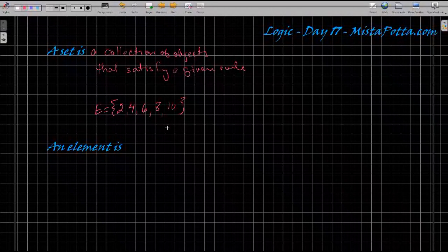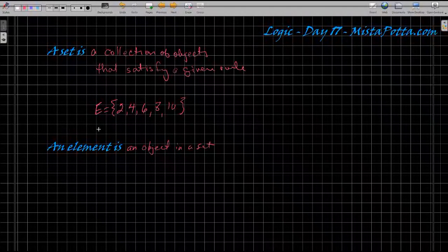And each one of these subjects, each one of these objects in the set, is called an element. An element is an object in a set. Now we're going to be using capital letters for sets, just like we used capital letters for predicates.